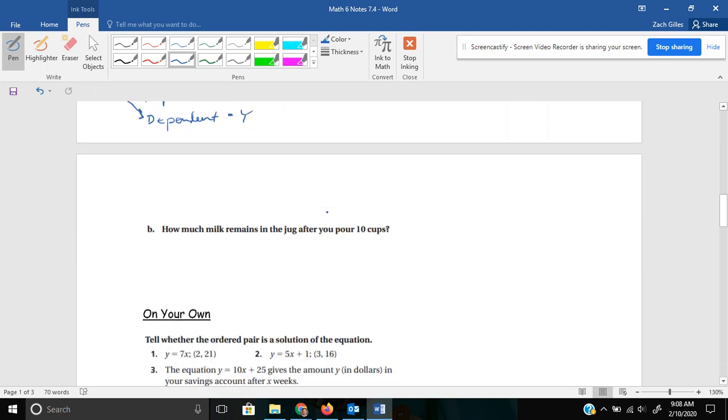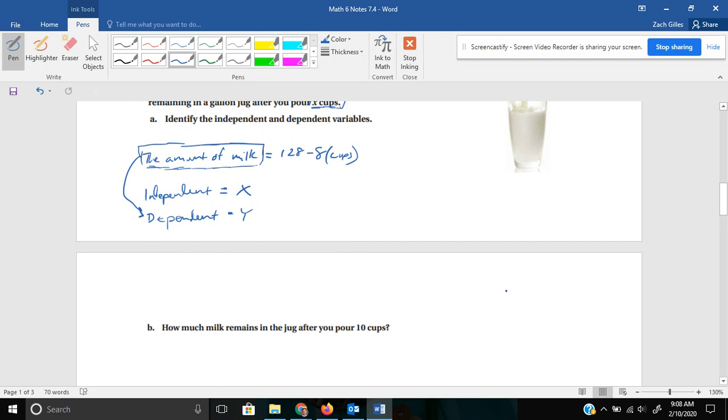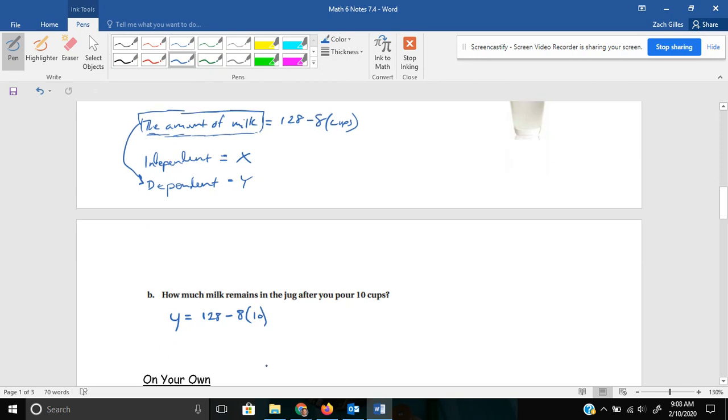Letter B says how much milk remains in the jug after you pour 10 cups. All right, so how much milk remaining, that's y, equals 128 minus 8 times the number of cups. Well, here I've got 10 cups. So I'd take 8 times 10 first.